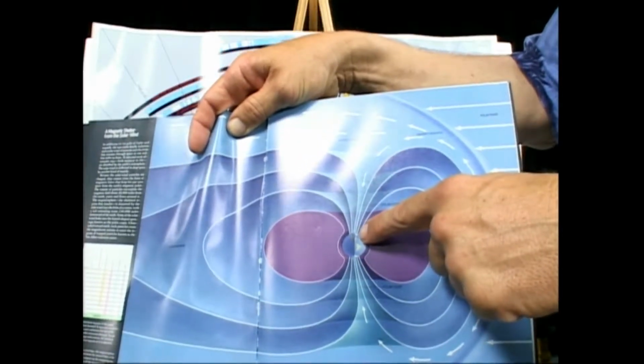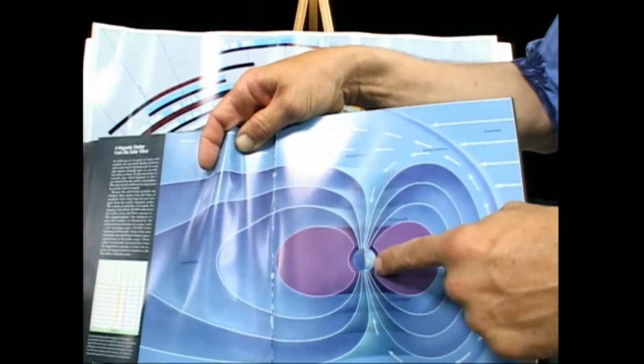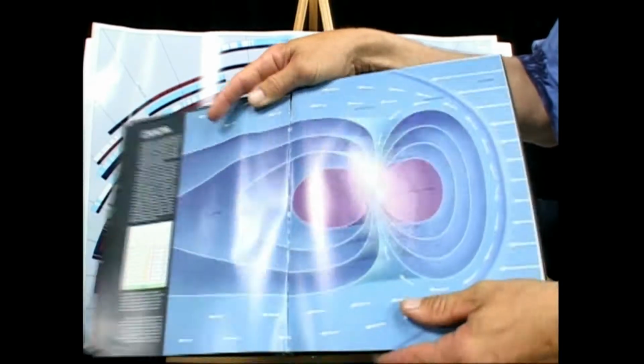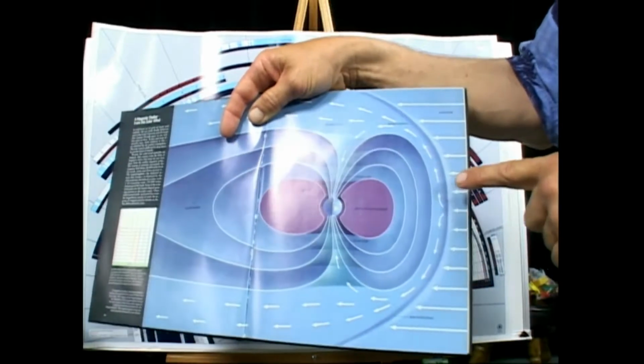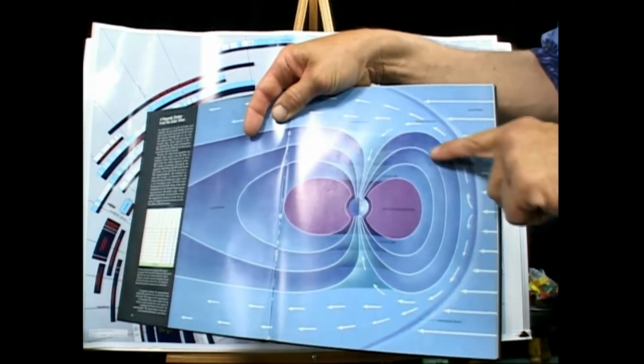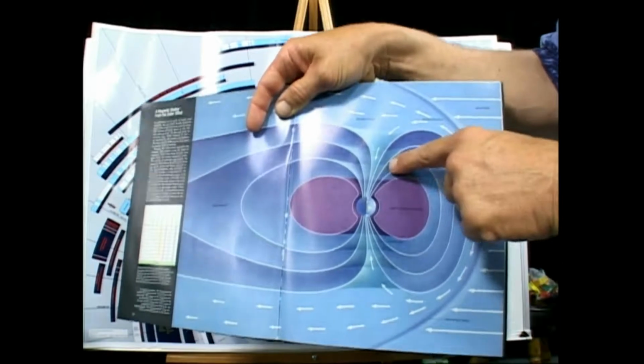The Earth is a magnet, North Pole, South Pole. So the protons have a plus charge, which means when they come streaming in from the sun, blam, they hit and they're going to get put into the Earth.